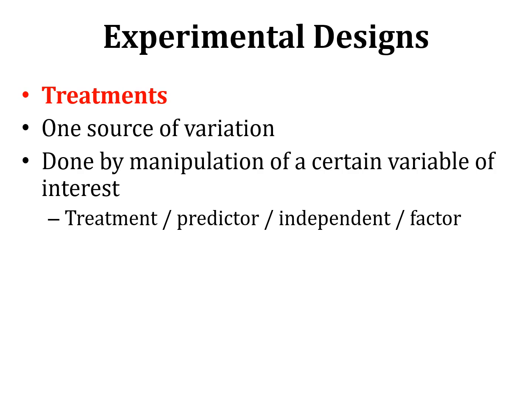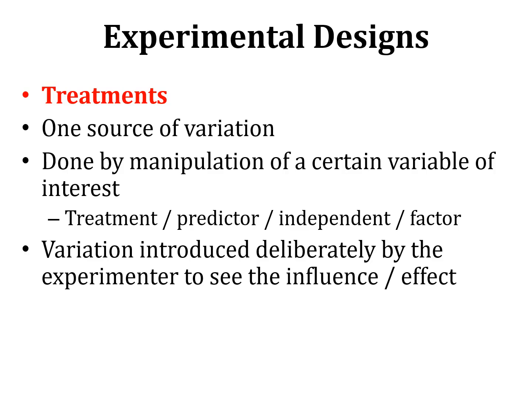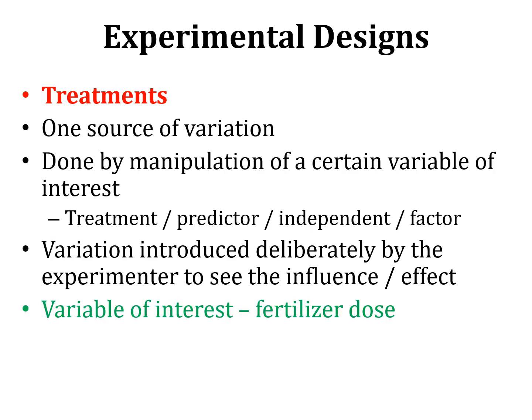So this is one source of variation, and it is a source in which we are actually interested, because we want to see whether there is any difference in the response of different experimental units to different treatments. So this is very much the source of variation of our choice. It is the variation introduced deliberately by the experimenter to see the influence or effect.